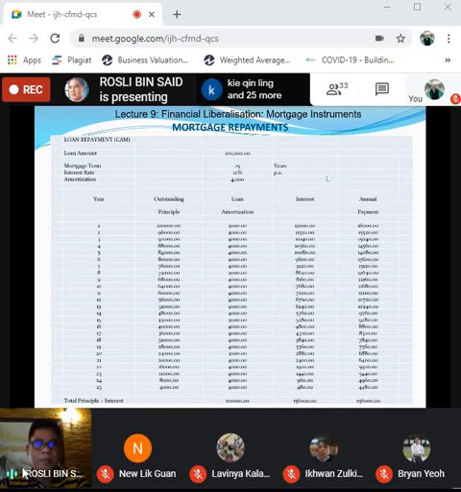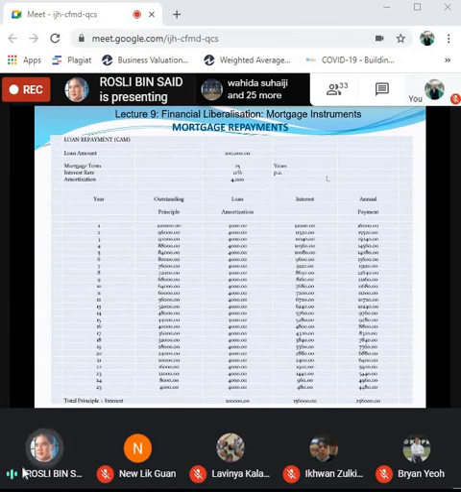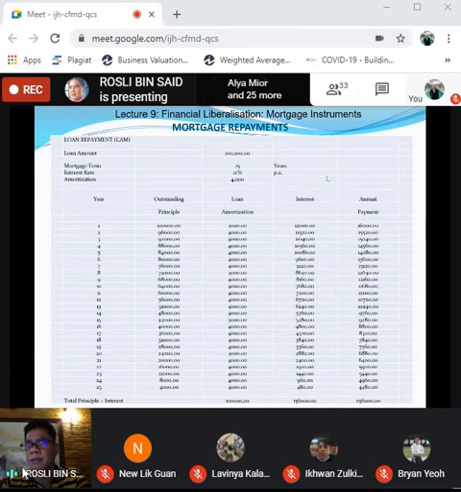So do not go and ask for constant amortization mortgage or graduated payment mortgage or even constant payment mortgage. If you say constant payment mortgage, the bank won't understand. But if you say, I want a mortgage that has a fixed repayment on a monthly basis, that means it only refers to constant payment mortgage.